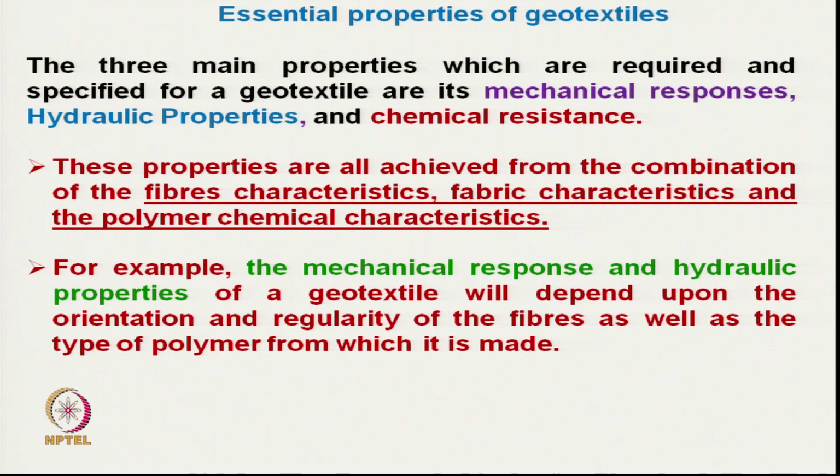Now, coming to the properties, the essential properties of geotextiles are basically classified into 3 categories. One is mechanical property, then hydraulic property, and next is chemical resistance. All 3 properties are extremely important. They have to be balanced, otherwise the performance of geotextiles will not be proper.